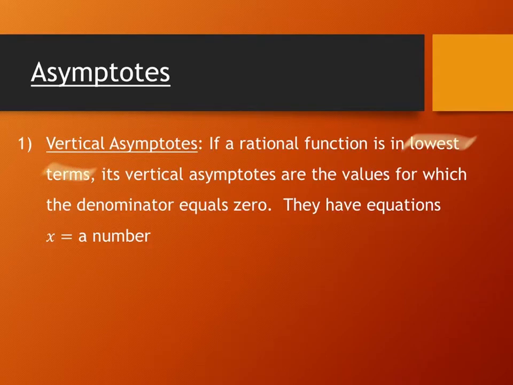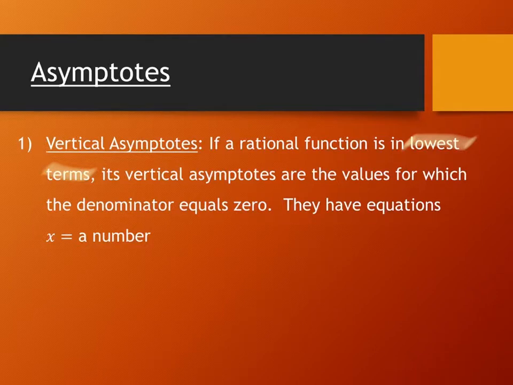So what do you suppose this phrase "lowest terms" means? What would a function in lowest terms look like compared to something that's not? Yeah, it might need to be factored and simplified.